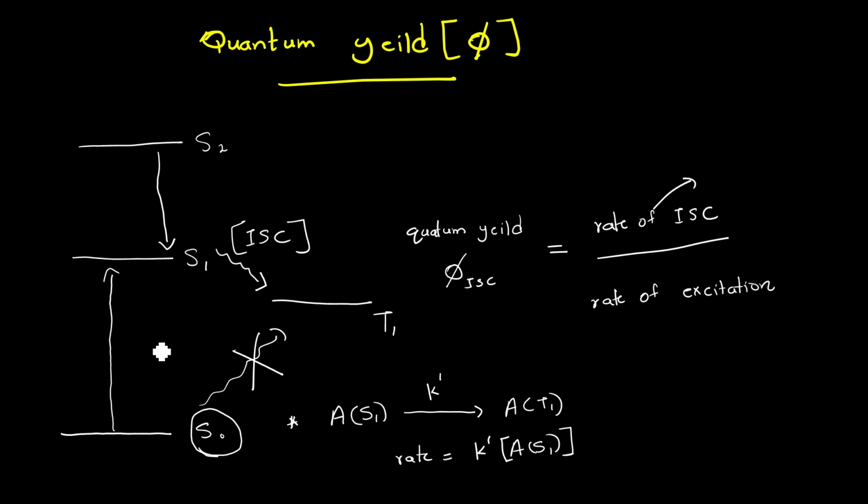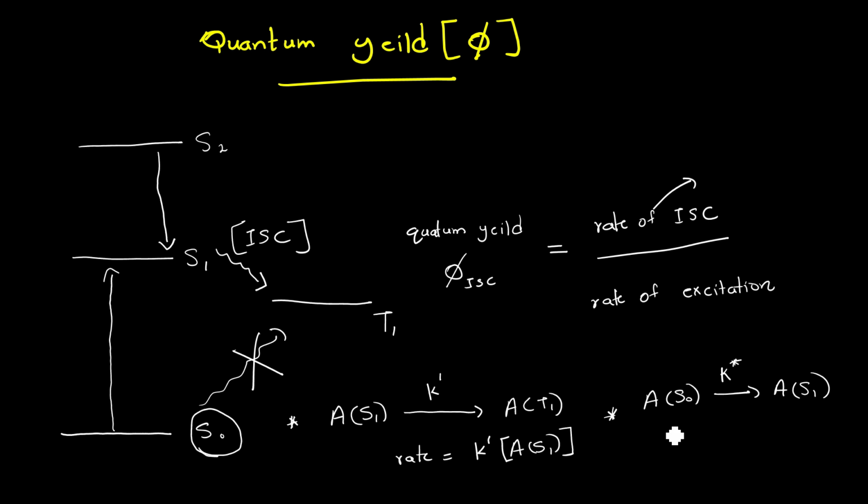Now, when it comes to the excitation, what's going to be the rate? The reaction is A in the ground state going to A in S1. Let's say the rate constant is k star.